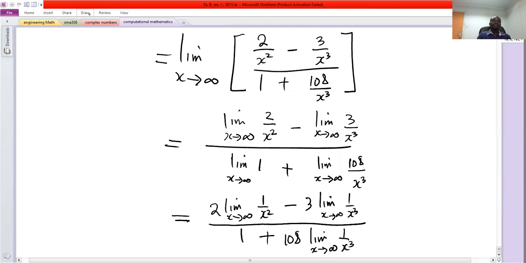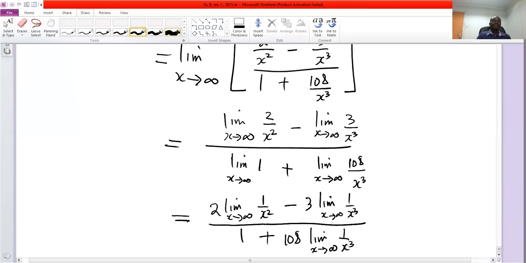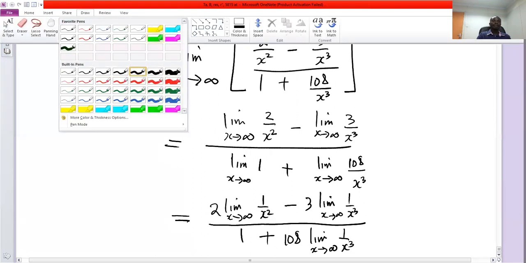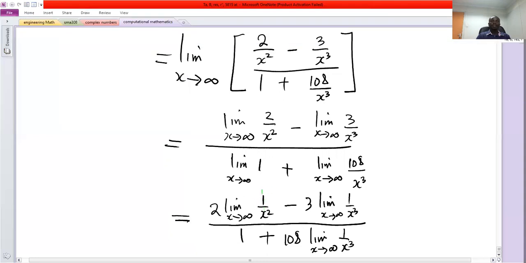Now, as you increase the value of the denominator, this fraction becomes smaller and smaller, so that approaches 0. This part will also be 0. Similarly, this part will be 0.